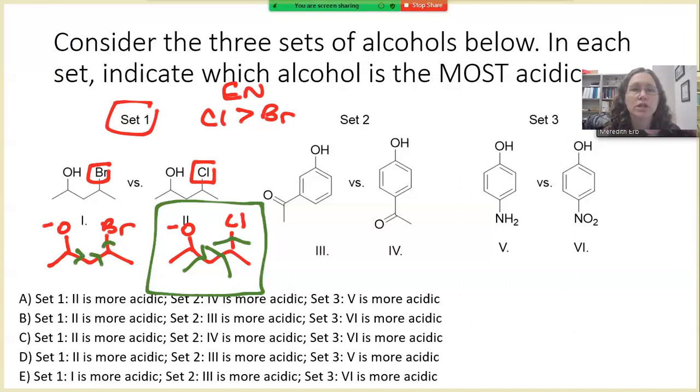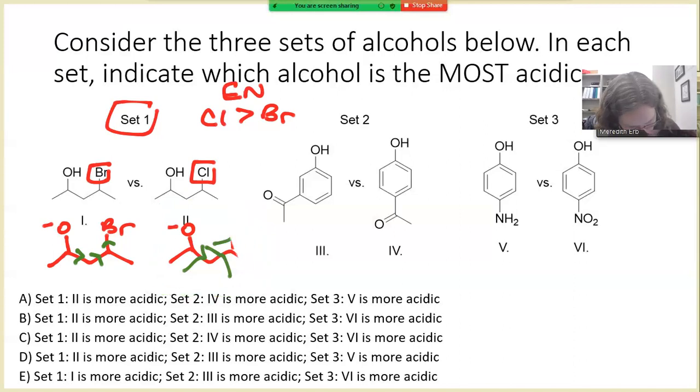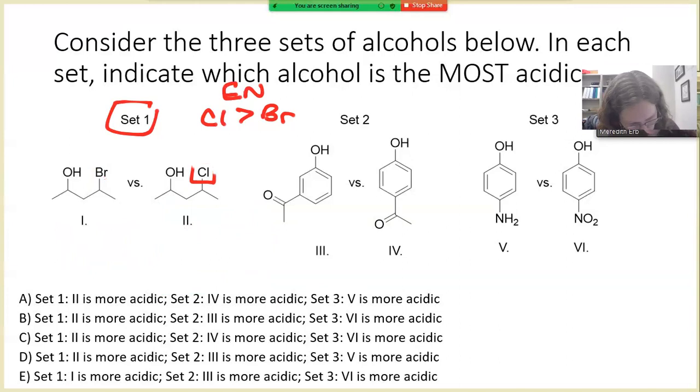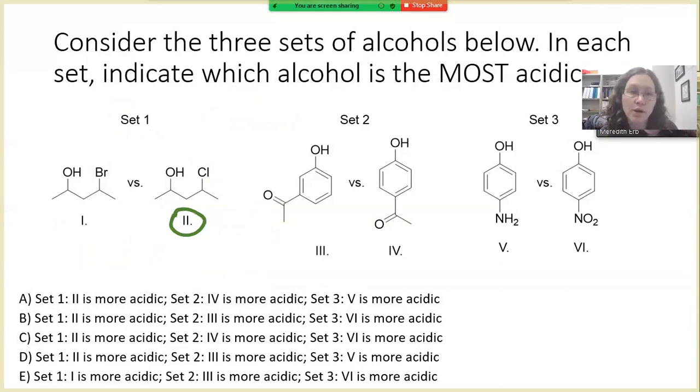So if we're thinking about which alcohol is the most acidic, it's going to be 2 because a stronger acid is a more acidic acid. All right, so in this instance, I'm going to go ahead and wipe away our markings here so that I can have some space for solving set number 2. But I will note here that 2 is the stronger acid versus 1.